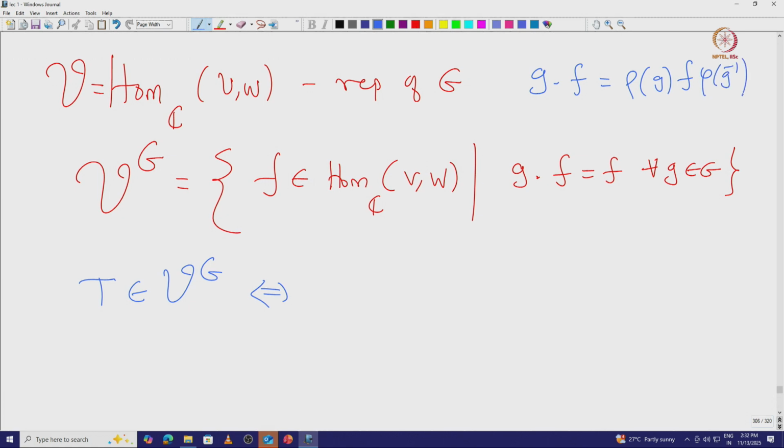So, that means we have rho(g) T phi(g inverse) is exactly equal to T, and this is true for all g in G.